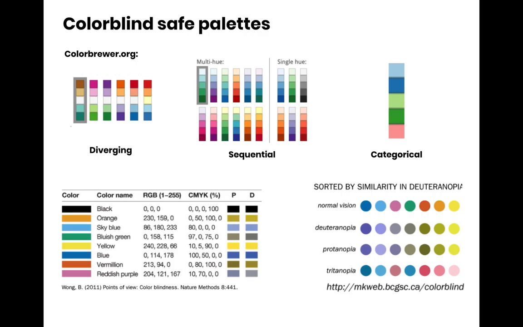However, the number of palettes gets reduced when you go to categorical scales, because it becomes harder to create colors that are perceptually different for categorical data.